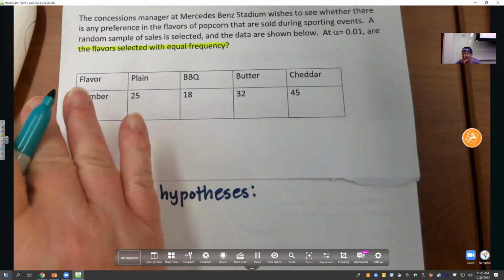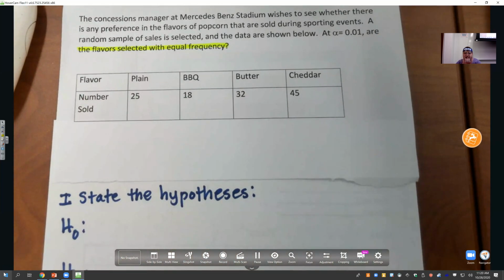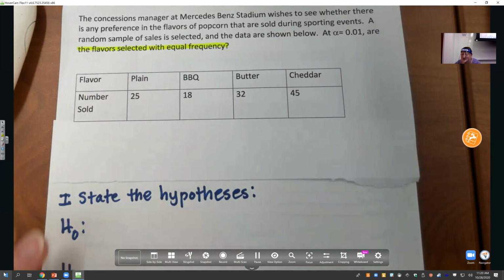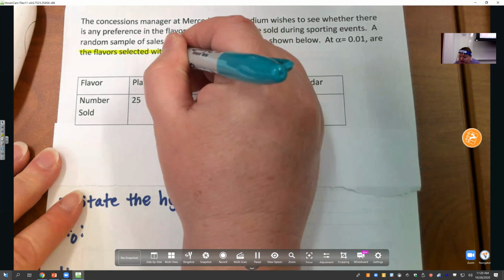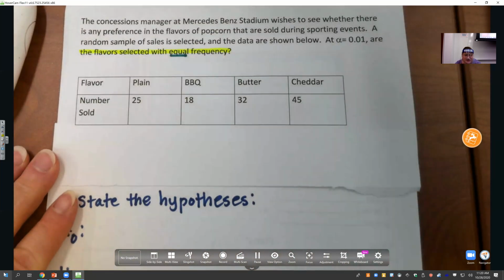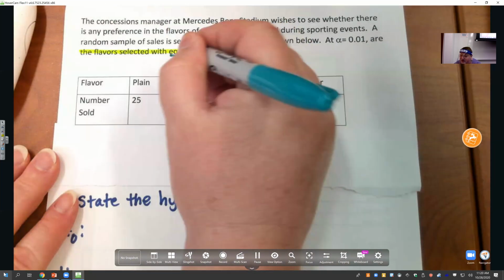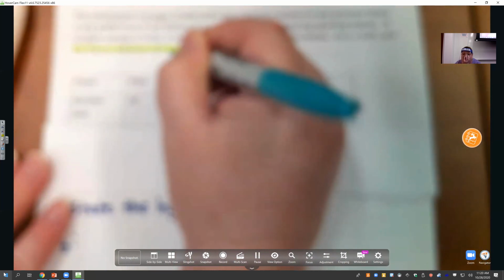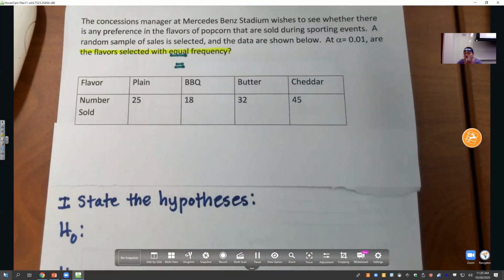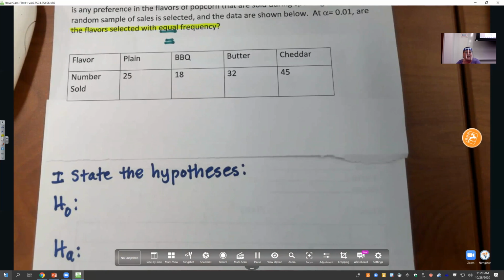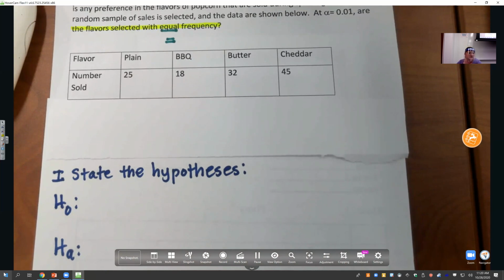The easiest way is to almost take that sentence that we're trying to determine, are the flavors selected with equal frequency, and make that our hypothesis. Well, if they're selected with equal frequency, I hope that makes you think of the mathematical symbol equal. So should that statement be the null or the alternative?